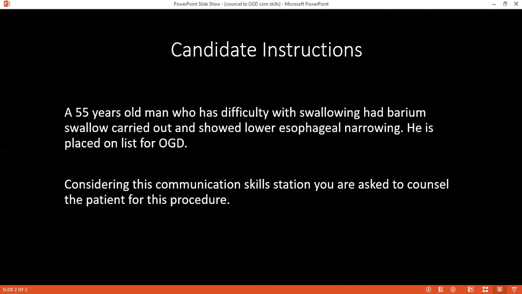So, is it painful, doctor? I can appreciate that, Mr. Jack. There are two options: local anesthesia, or you can be sedated. During local anesthesia, there will be a spray in your throat to numb the area. The benefits of local anesthesia are that you can go straight home, and you can drive within the next 24 hours.